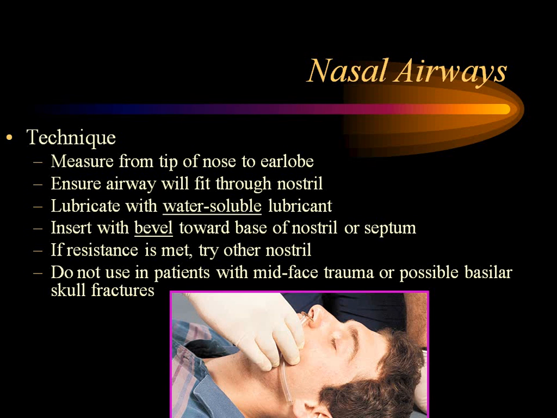The reason you have to do it with the bevel towards the septum is, what do you have inside of your nose? What are those little shelves called? Turbinates? Yes. If you turn it the other way, there's the potential that you're going to damage one of those turbinates and cause a lot of bleeding. So that's why the bevel always has to go towards the septum.